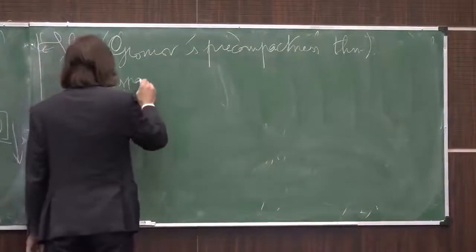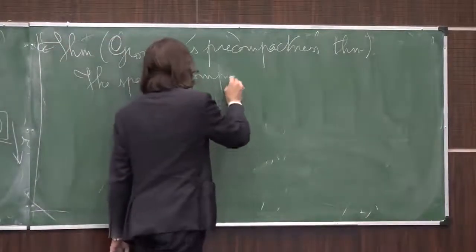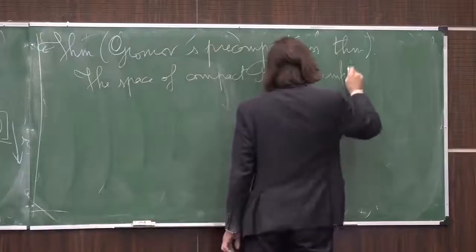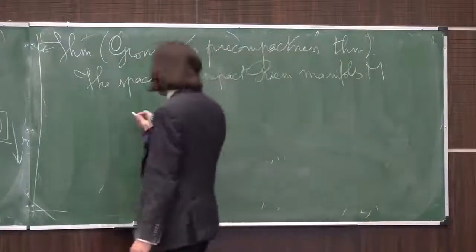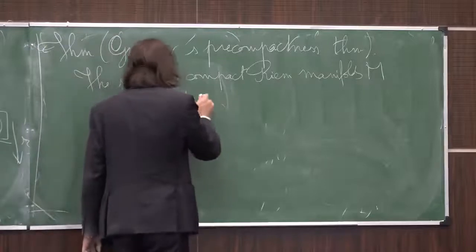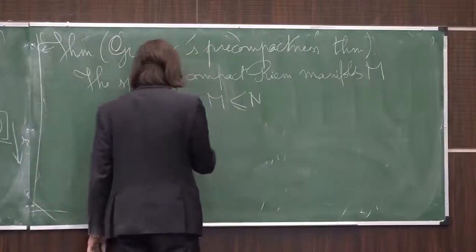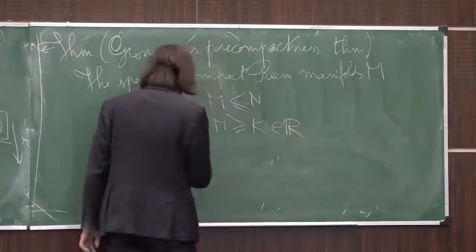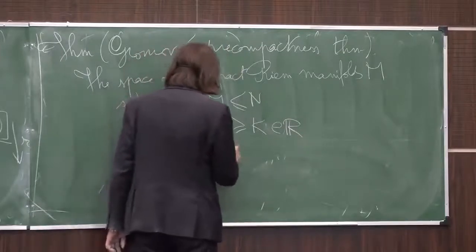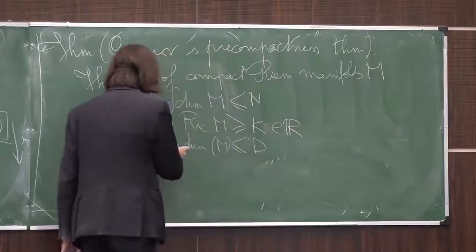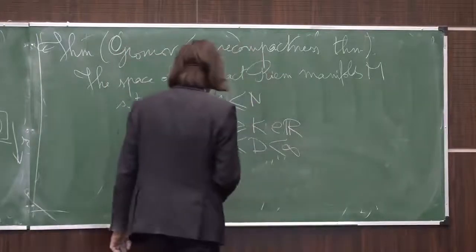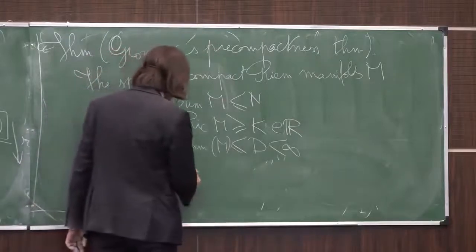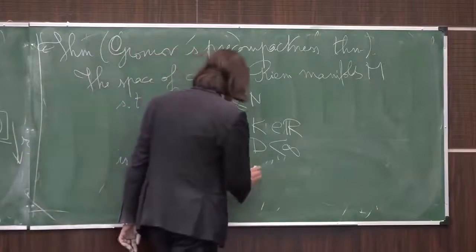The space of compact Riemannian manifolds M such that dimension of M is bounded above by capital N, Ricci of M is bounded below by K, a real number, and diameter of M is bounded above by a certain number D, is precompact in any topology.